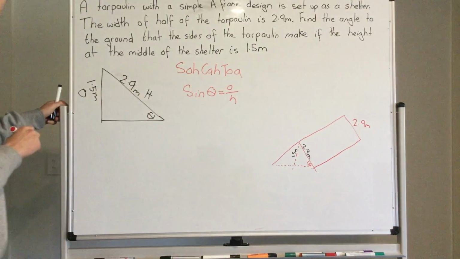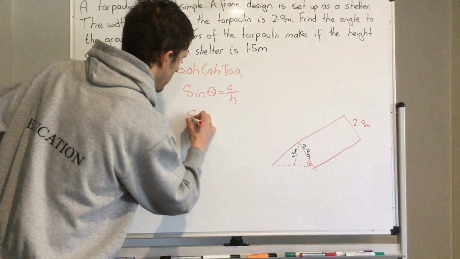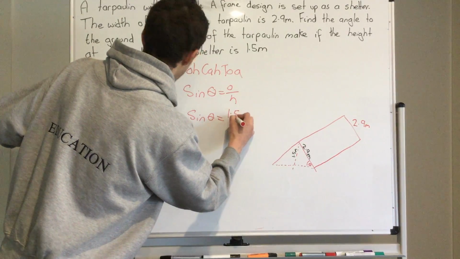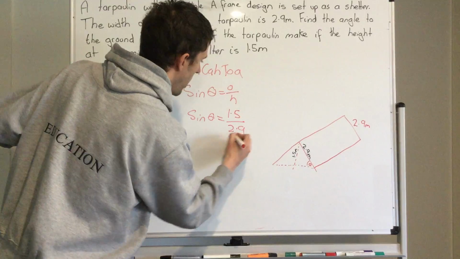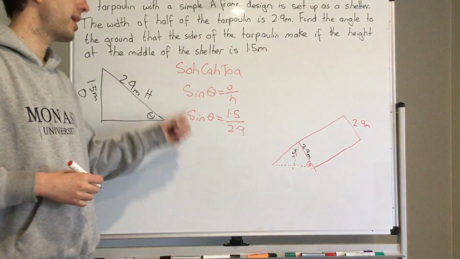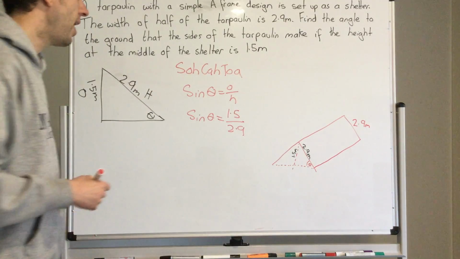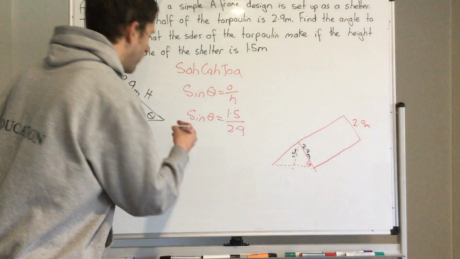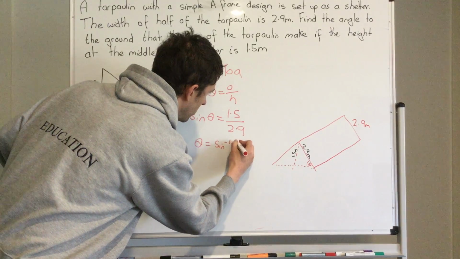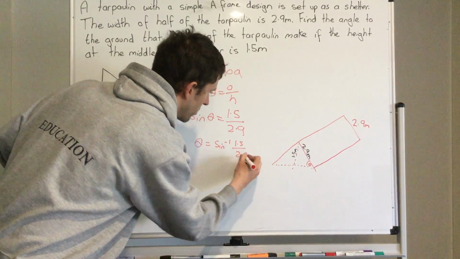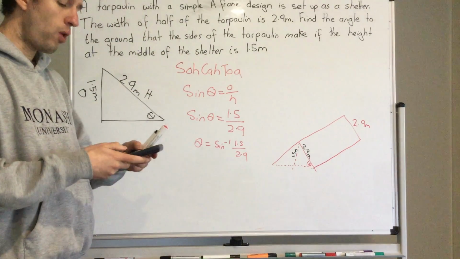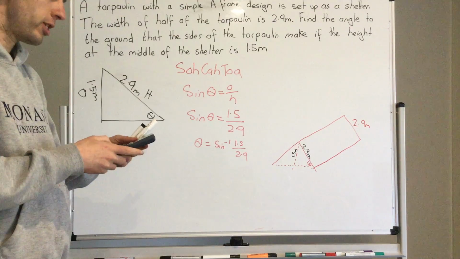I'll substitute all my values in. Sine alpha equals opposite 1.5 over 2.9. I want to get alpha by itself, so I take sine onto the other side and it becomes sine negative 1. Now we are able to solve for alpha using a calculator.